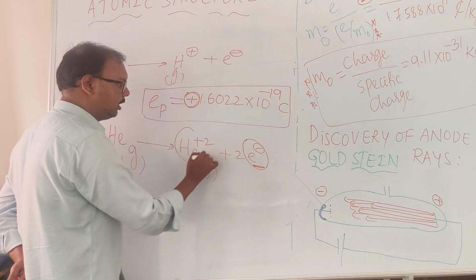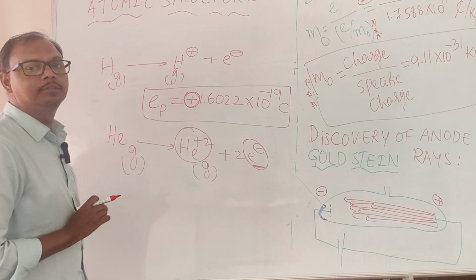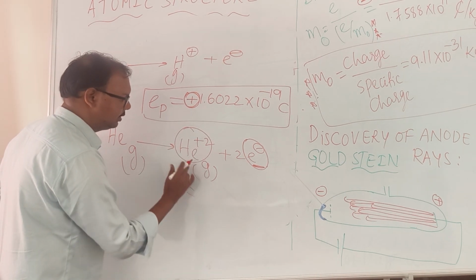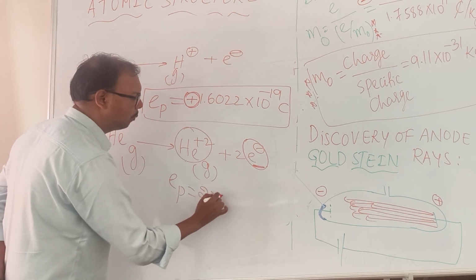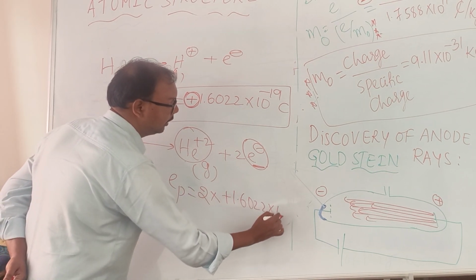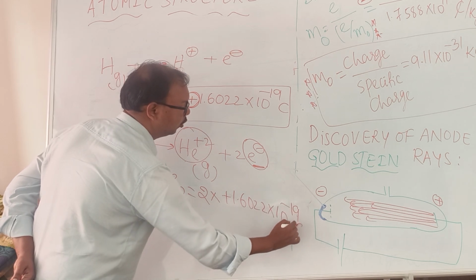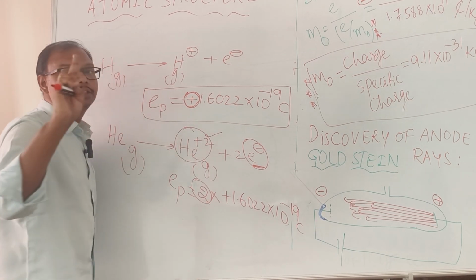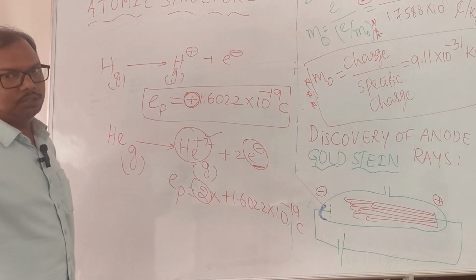But the charge of He plus 2, e_p, is equal to 2 into plus 1.6022 into 10 power minus 19 coulombs. Why do we have to take 2? Because it contains 2 protons.